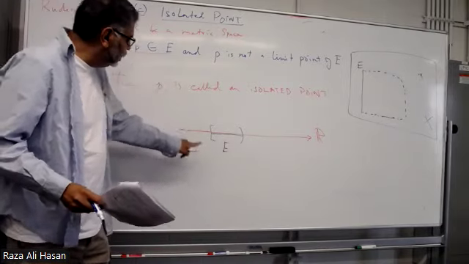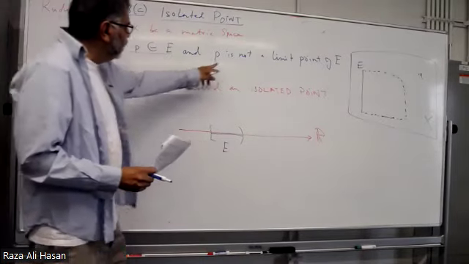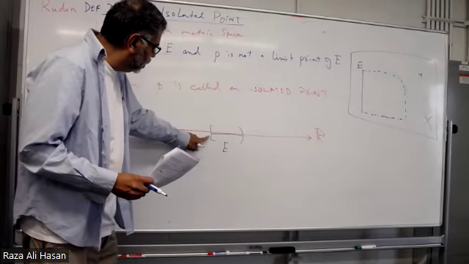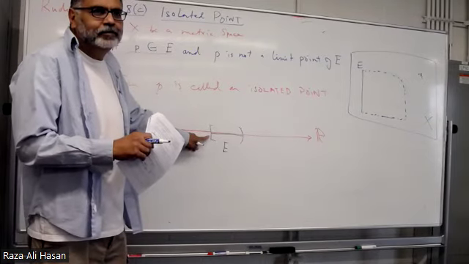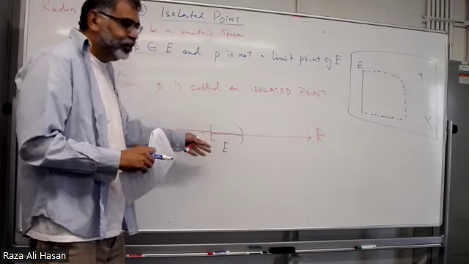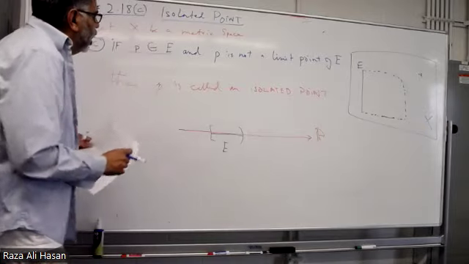P is in E, so it needs to be here. And P is not a limit point. So if P was on the closed boundary, or what is it actually called, in an interval, what do we call that? The endpoint, right? A closed endpoint and an open endpoint, right? How do we do that?